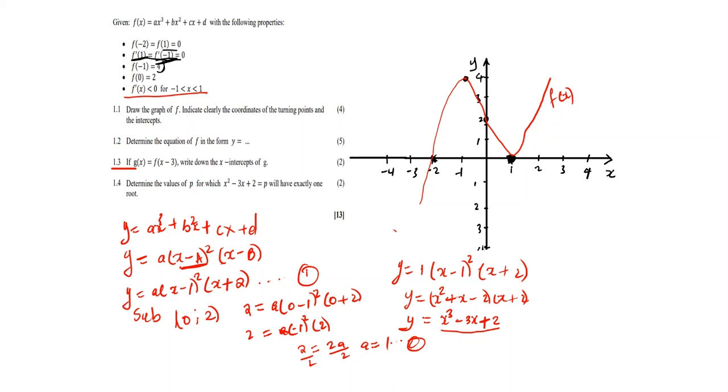They are saying the graph of g is equal to f at x minus 3. So you have to shift this graph and you write down those x-intercepts. So we are shifting this graph to the right. So from x equal to -1, when we shift 3 units, you'll have -1 plus 3. You will get those coordinates, or that x value.